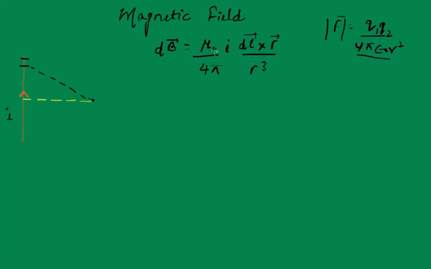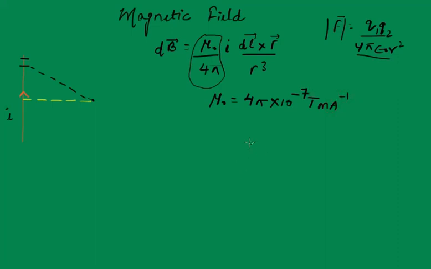Here this mu naught by 4 pi is a constant. Just like we had 4 pi epsilon naught as a constant, this is also a constant, and the magnitude of mu naught is equal to 4 pi into 10 to the power minus 7 Tesla meter per ampere.